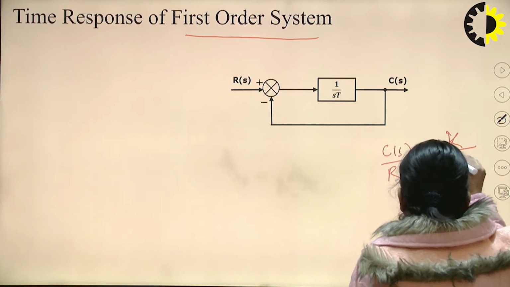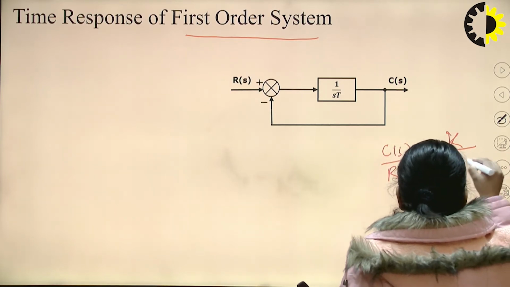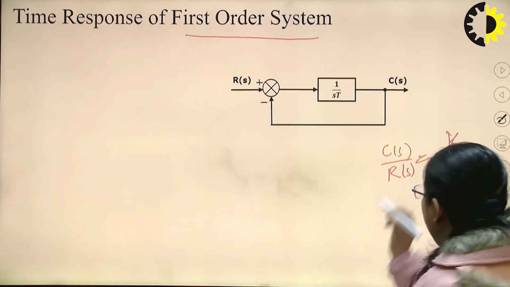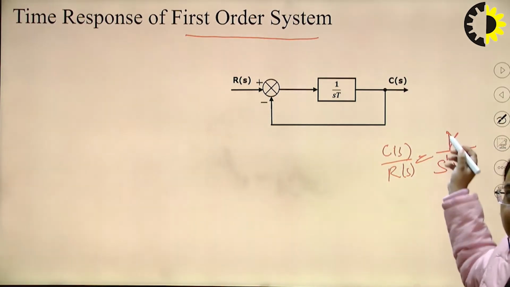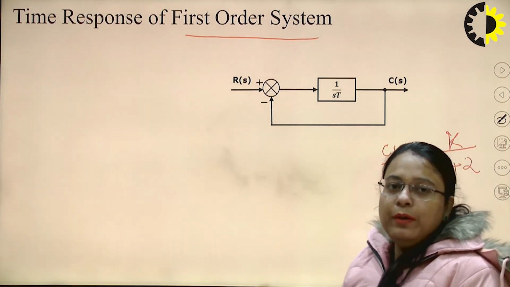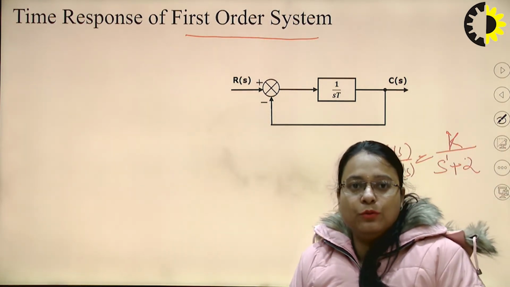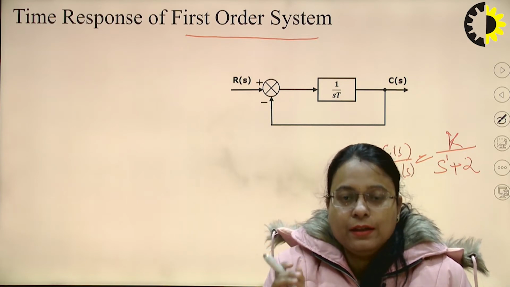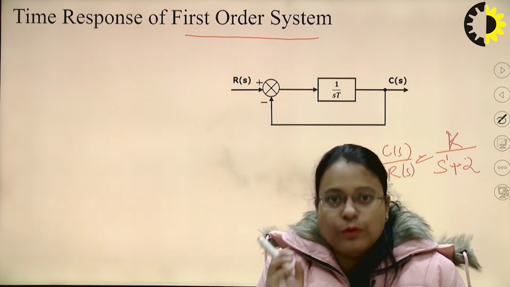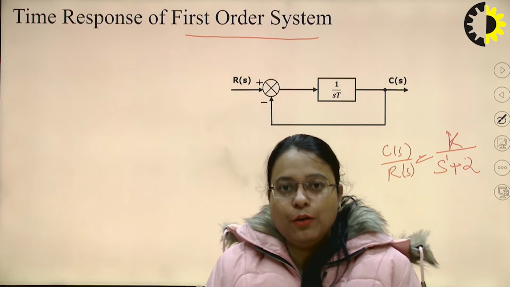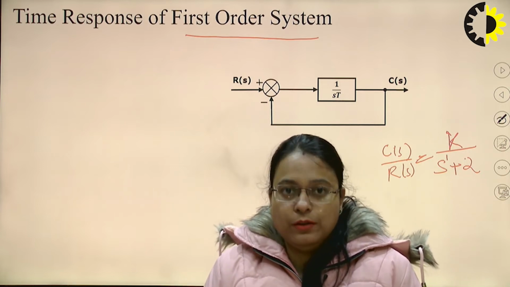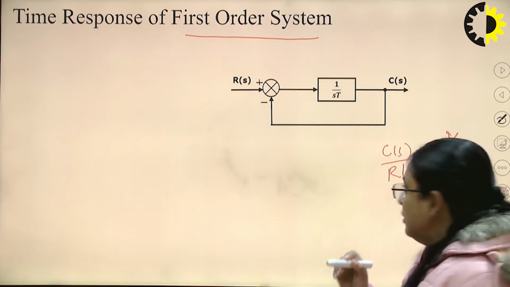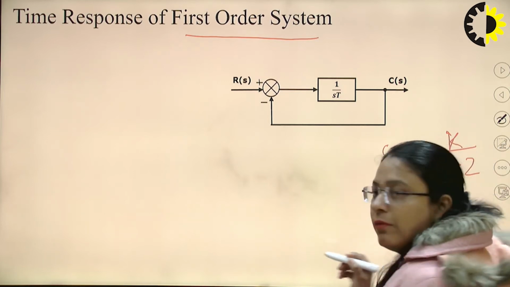I have taken this example: C(s)/R(s) is equal to K upon s raised to the power 1 plus 2. So the order of the system can be defined as the power of s in the denominator of the transfer function of a particular system. Here you can see that the power of s is 1. So this is known as the first order system.